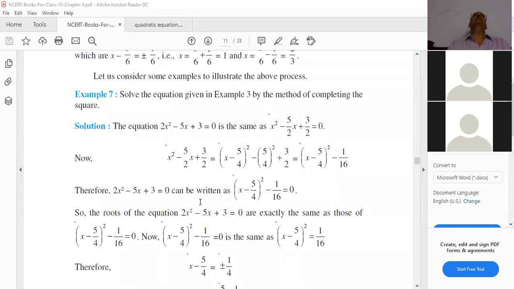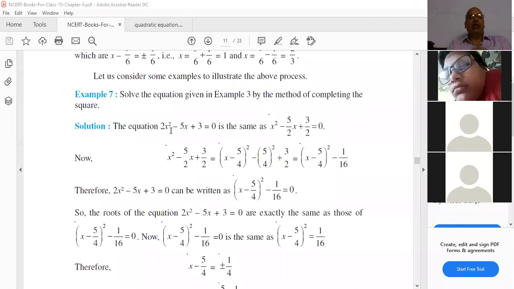I have to get 5x, so into 5 by 4. 4 and 4 get cancelled, so my B is 5 by 4. 2x was going to 4x, so to get 5x, into 2 into 2x into 5 by 4, then 2 cancels 4 and you will get 5x here. That's why my B is 5 by 4.